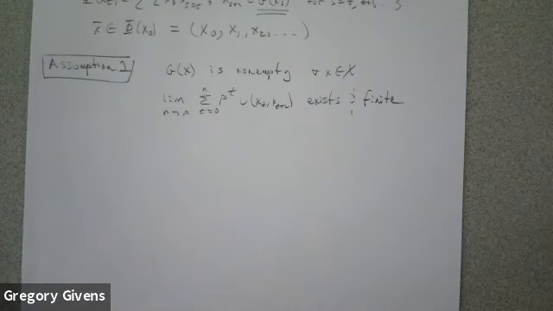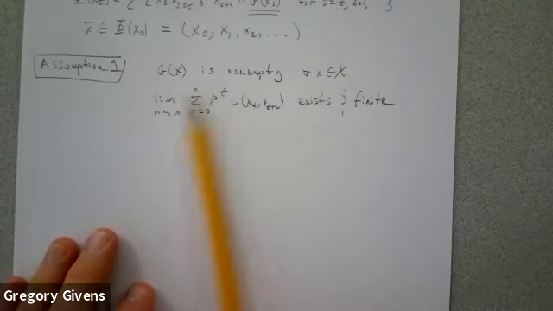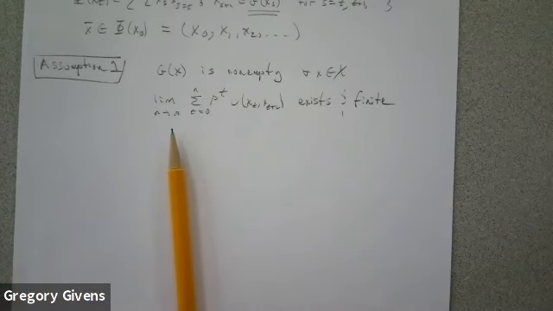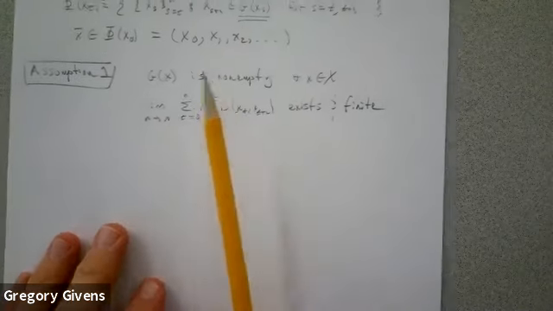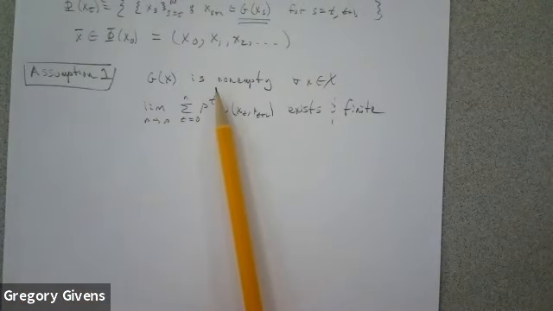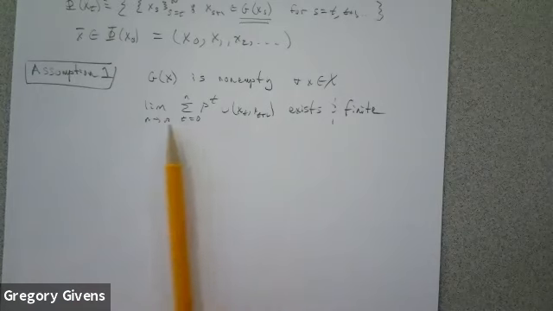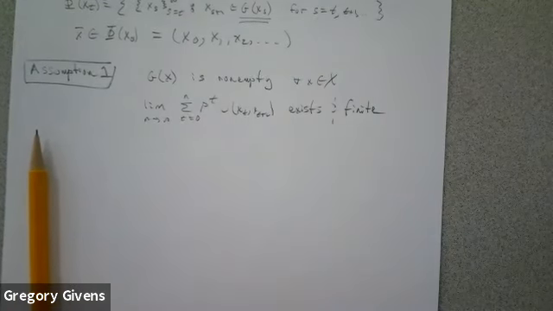Agents don't have infinite resources. Anytime you do a maximization problem in a mathematics class, the thing that you're maximizing over has to exist in the first place in order for it to be a well-defined problem. So all we're saying in assumption one is that the constraint set is non-empty and that the overall objective function that the planner is trying to maximize exists and is some finite object.